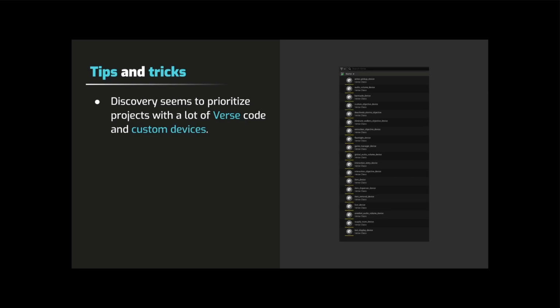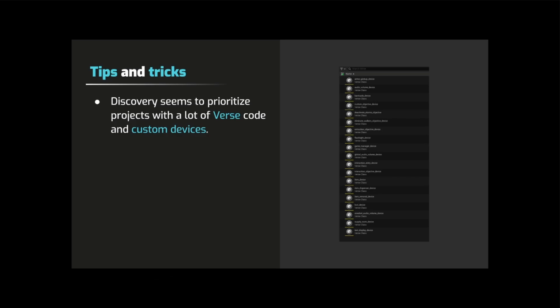So I noticed that if your game has a lot of verse code and has a lot of custom devices, it goes up on the queue. I might be right, I might be wrong, but I noticed this with multiple projects, especially Kagami.